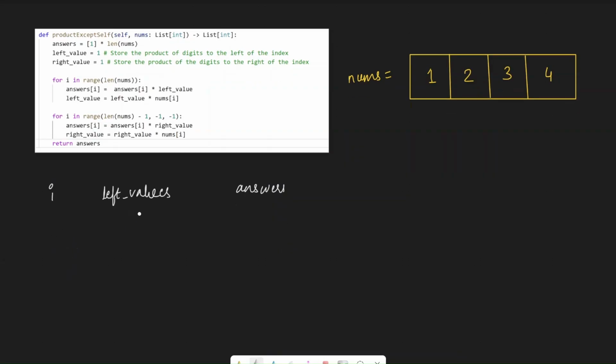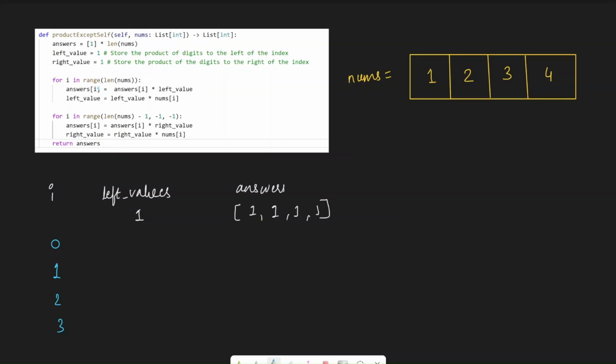Now we have the initial value of left value as 1 and the initial value of answers as 1, 1, 1 and 1, because that's how we have initialized this over here. Now we have 0, 1, 2 and 3 as values of i because we have a list with 4 digits.